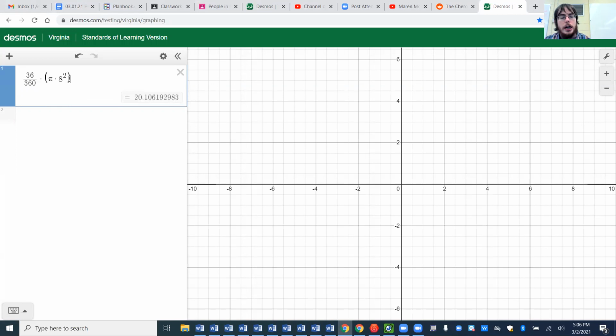And so our approximate area of each slice is 20.1 inches squared. And you can see that if we did 6.4 pi, we get the exact same thing. Okay?